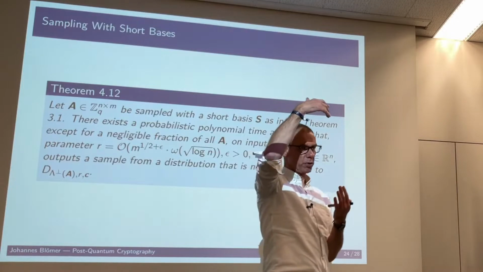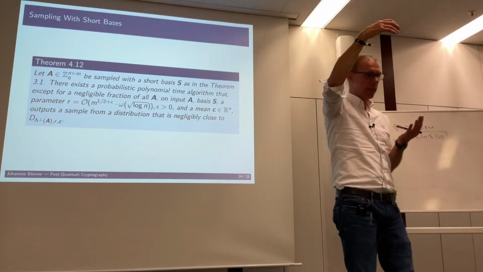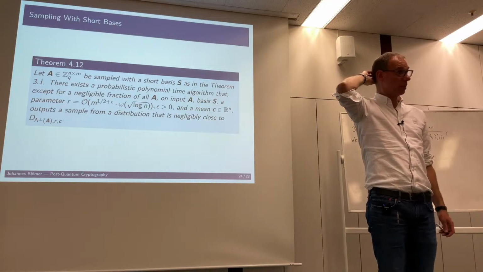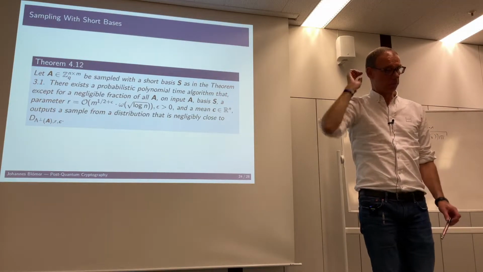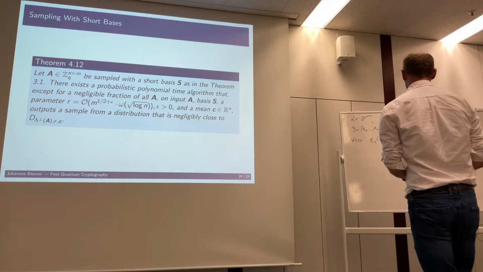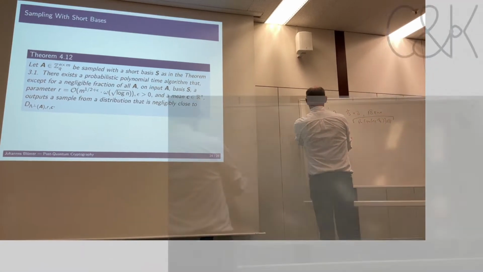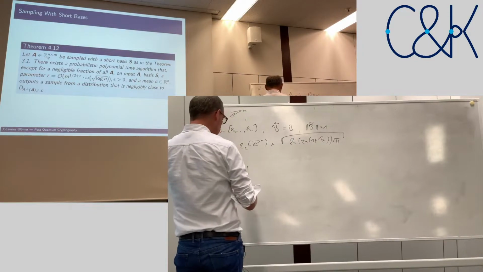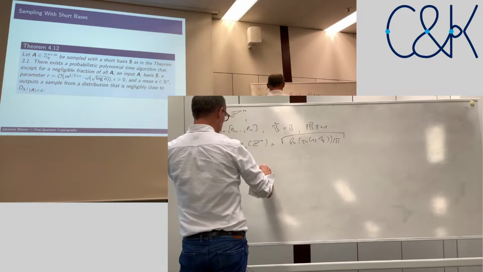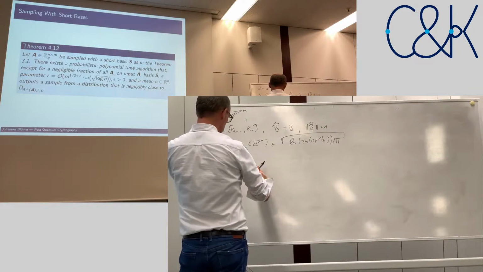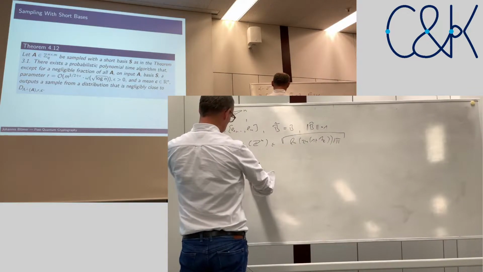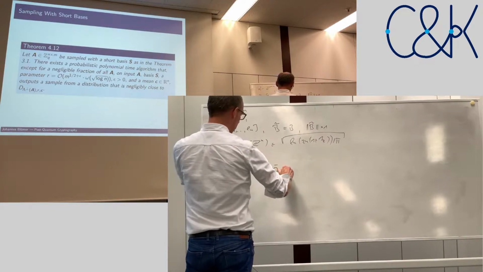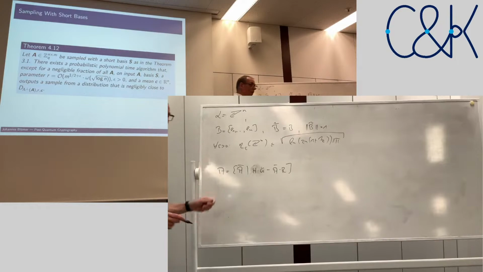Remember, the gadget trapdoors were these gadgets where we use this gadget matrix G, and then we hide this gadget matrix. So we basically had A generated as A bar concatenated with H times G minus A bar times R, right?